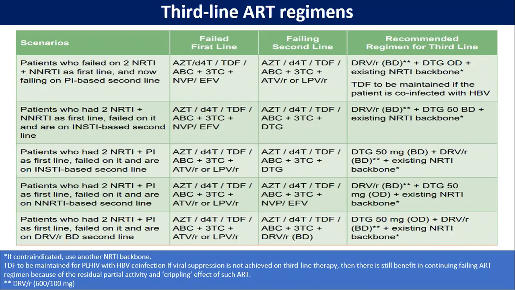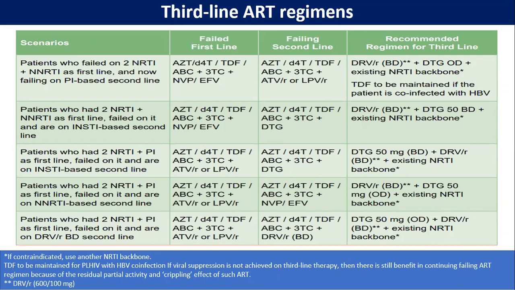Now, a patient who failed on 2 NRTIs plus NNRTI as first line and is on an INSTI-based second line regimen. That is, the patient initially was on either ZLN, TLN, TLE, ZLE, or abacavir, lamivudine, efavirenz in the first line, and in the second line has either zidovudine, stavudine, lamivudine, abacavir or tenofovir, and DTG.